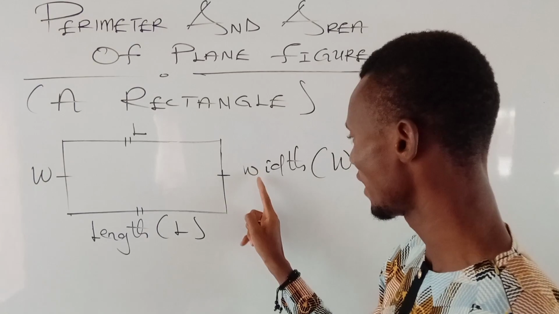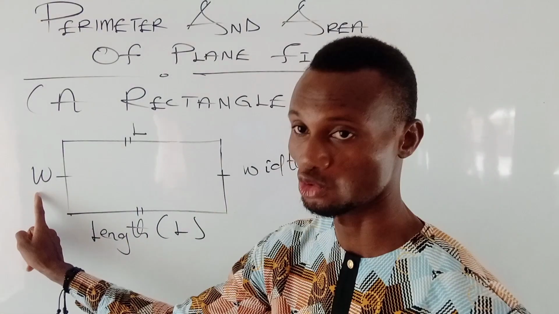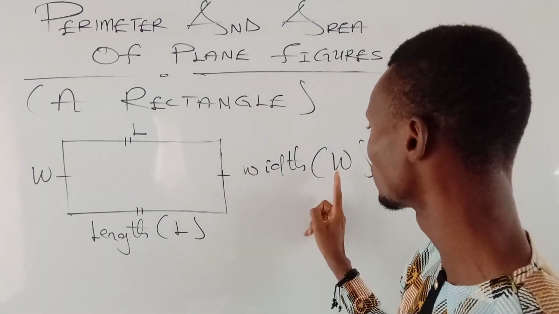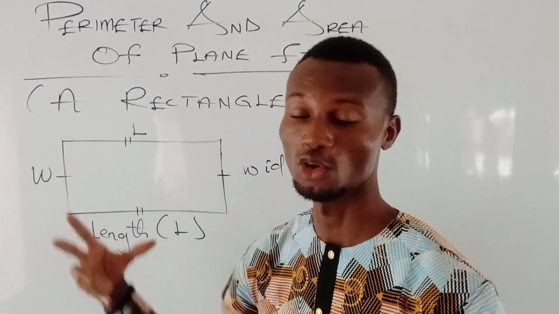And if here is weight, then here will also be weight, so W here will also be W.